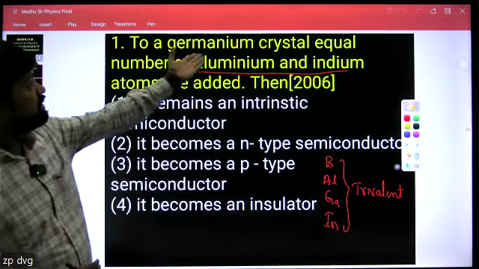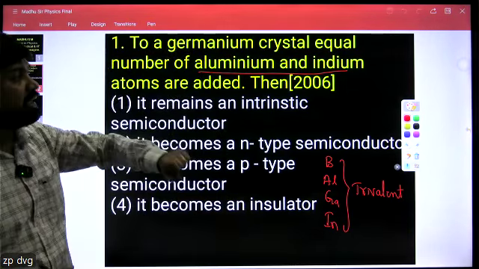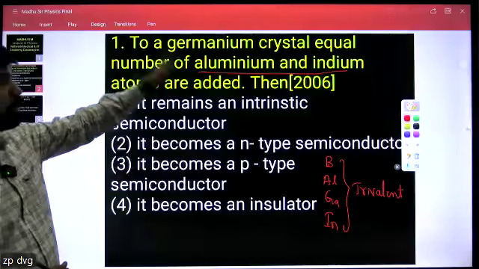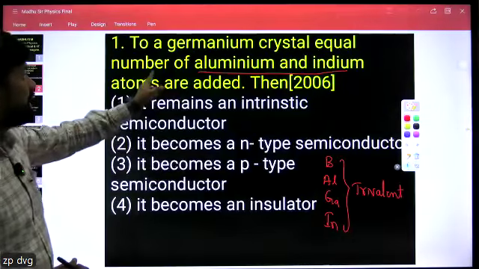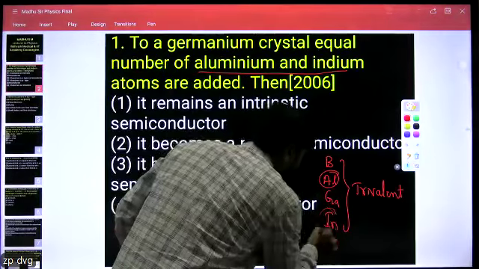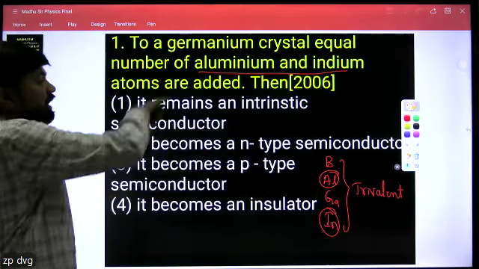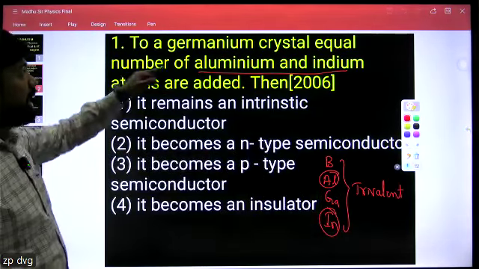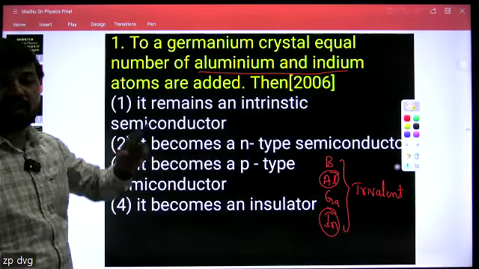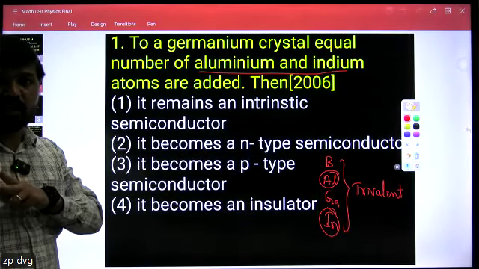Here, germanium is an example for intrinsic semiconductor or pure semiconductor. Equal number of aluminum and indium. Look here, aluminum and indium, both are examples for what? Trivalent impurities added to it. Then the germanium crystal, intrinsic, becomes extrinsic.